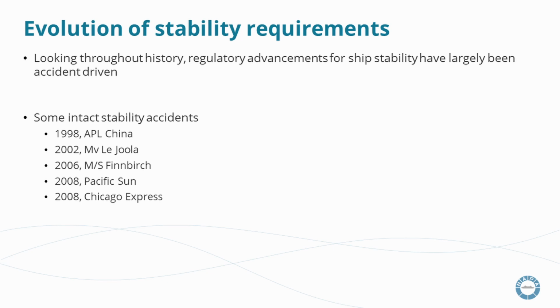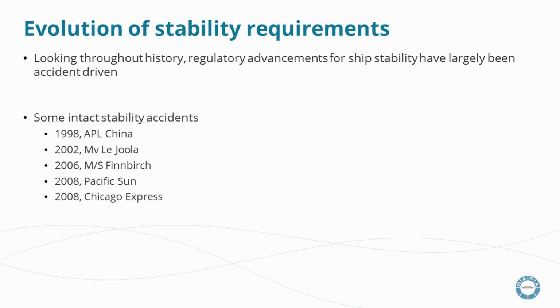So how did we get here? Looking throughout the history of stability requirements for ships, we can note that many of the advancements have been accident-driven. It is quite typical that when something goes wrong, we want to learn from it and try to prevent it from happening again in the future. Another approach is to try to prevent accidents in advance before they happen.